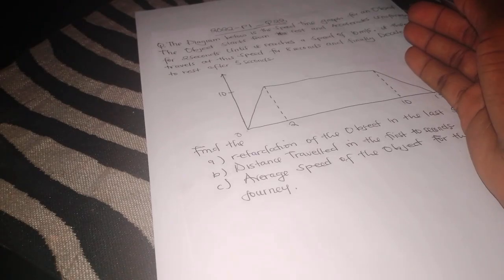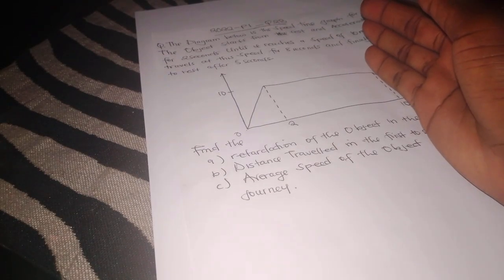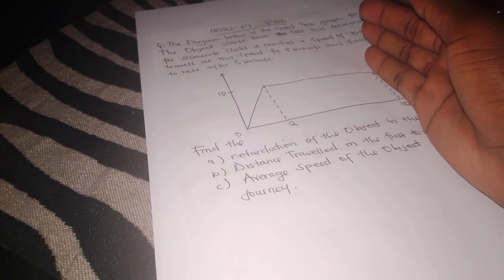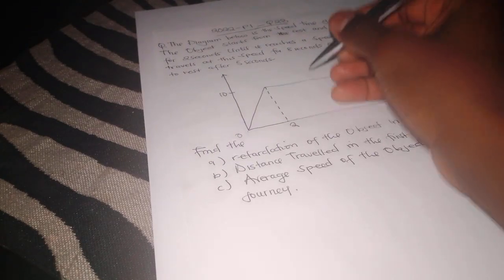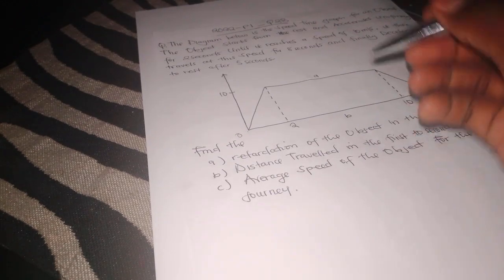So when we remove this part, we are still remaining with the trapezium. We are going to use the same concept we used in the previous question. So this is our A and this is our B. This is our height, 10.